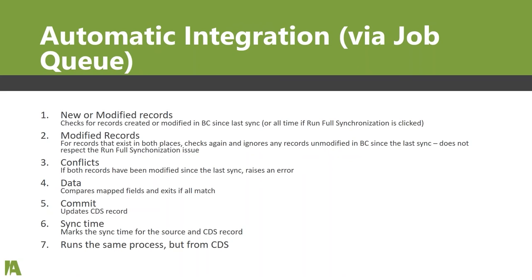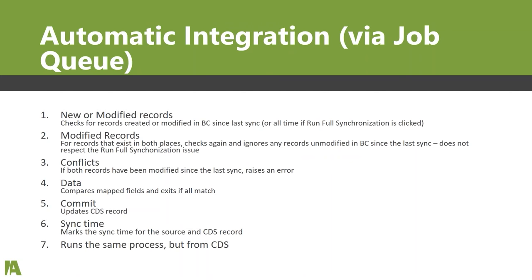So the next thing I wanted to talk about a little bit was what the process actually is for automatic integration. So that would be things that you've set to sync more than just the coupled records. All of the integration with CRM is based on modified on timestamps, and is sort of like a polling process. And all of these are run by job queue entries.